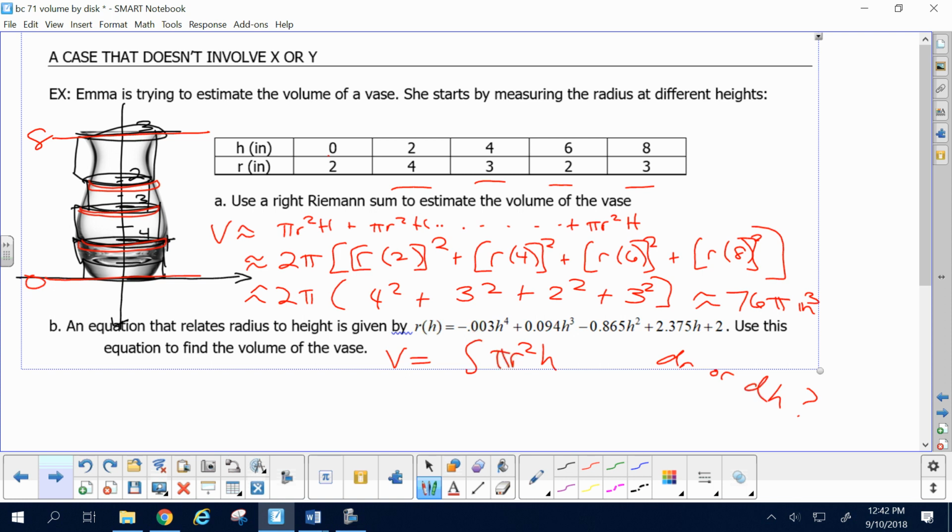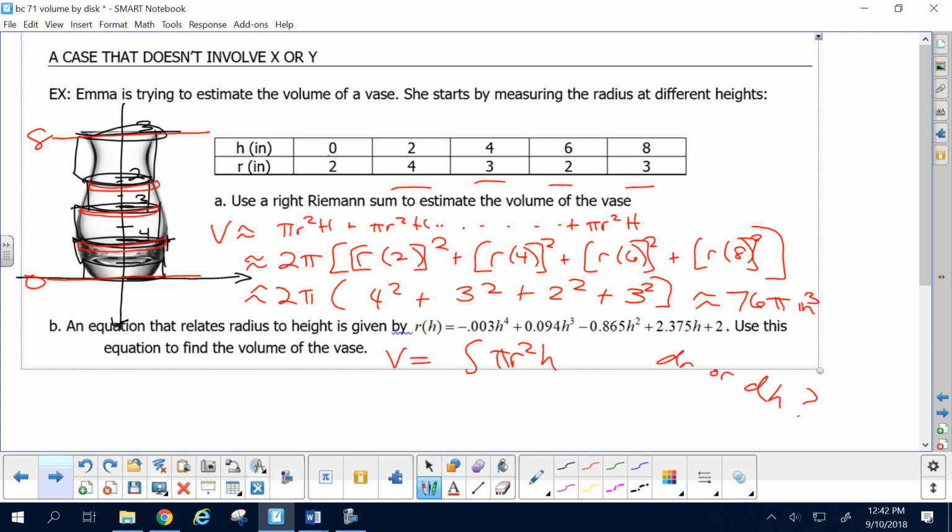Okay, so integral from 0 to 8. Pi up front, with that equation in front, and then dr? Or is it dh?